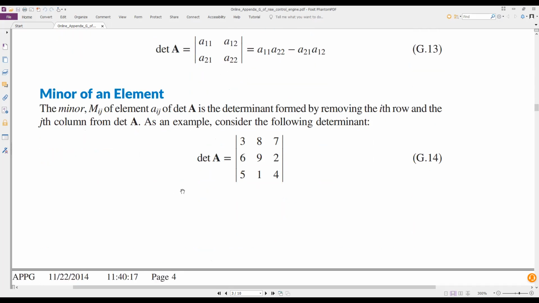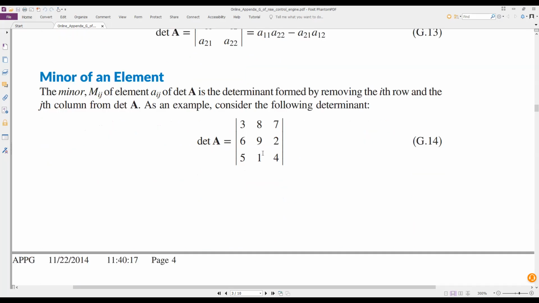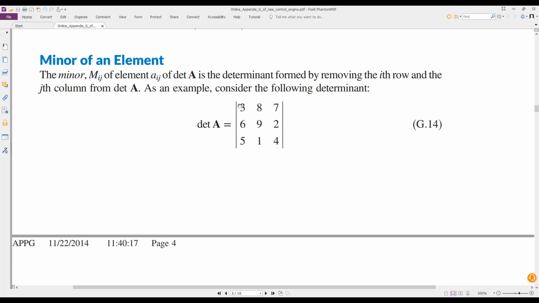Okay, so minor of an element. The minor Mij of element Aij of determinant A is the determinant formed by removing the ith row and the jth column from the determinant A. As an example, consider the following determinant. Remember, if you have multiple rows and multiple columns, then you have to apply a trick. What is the trick?